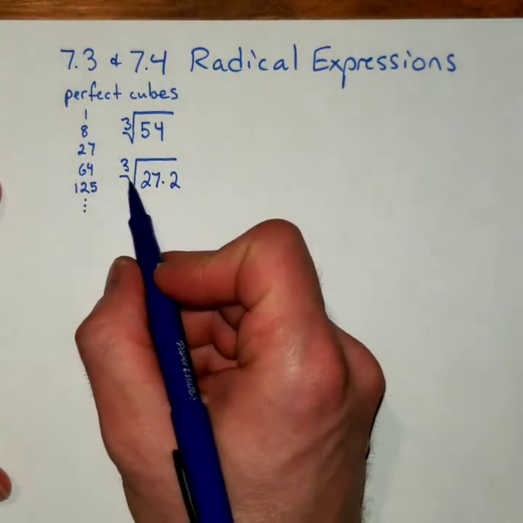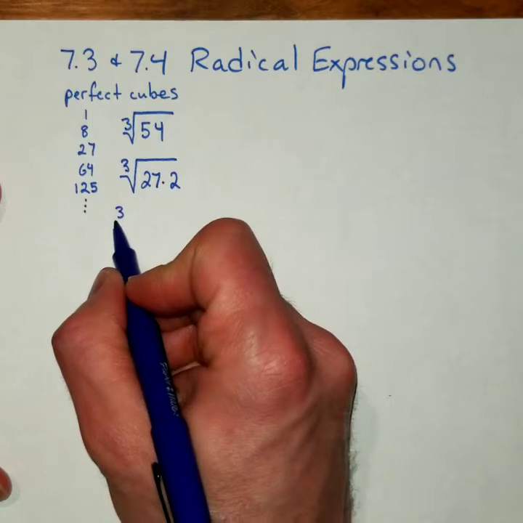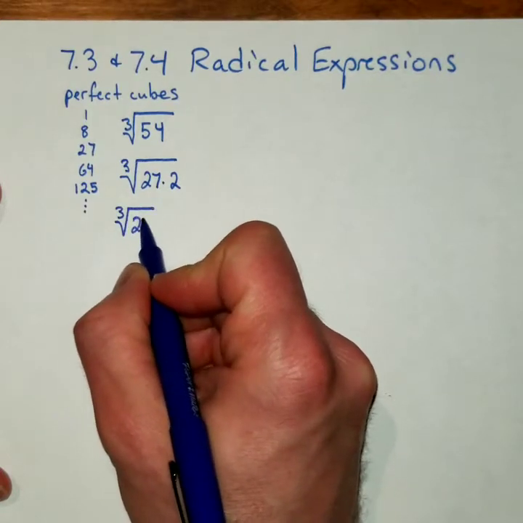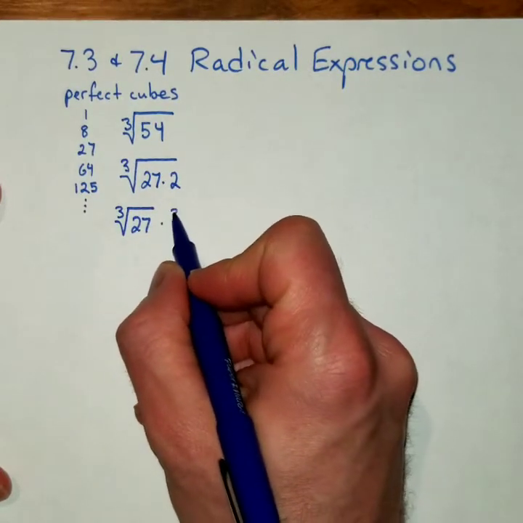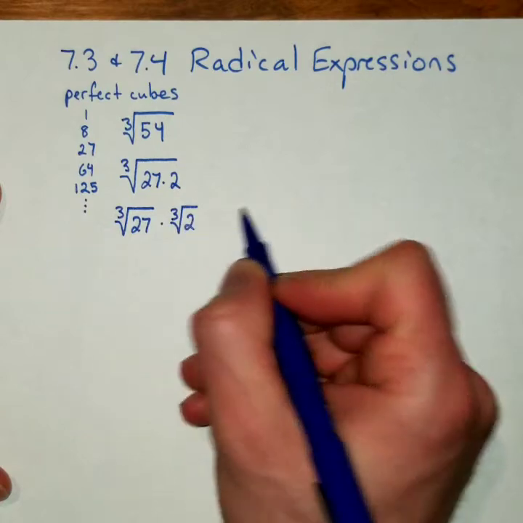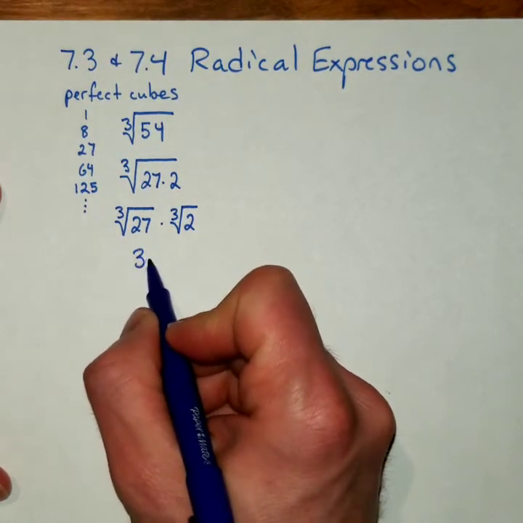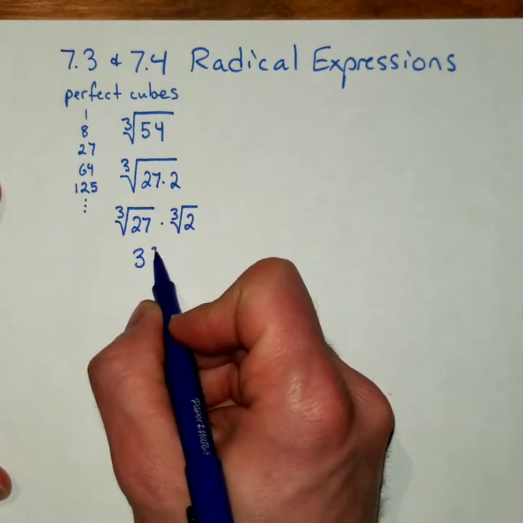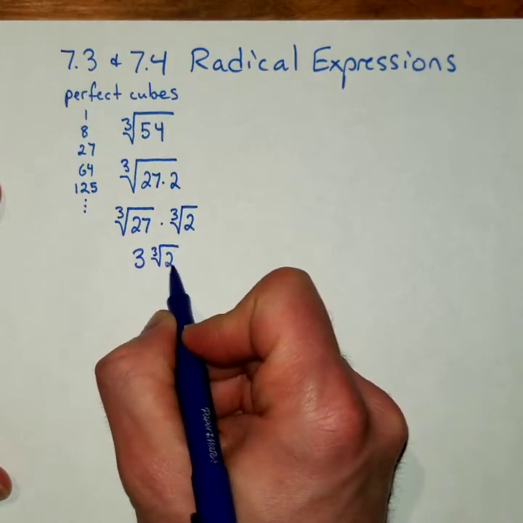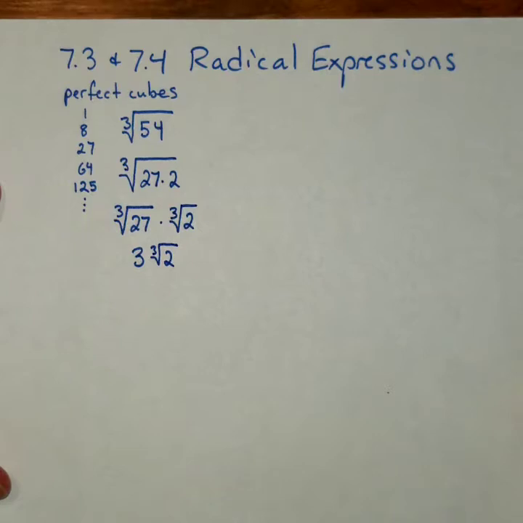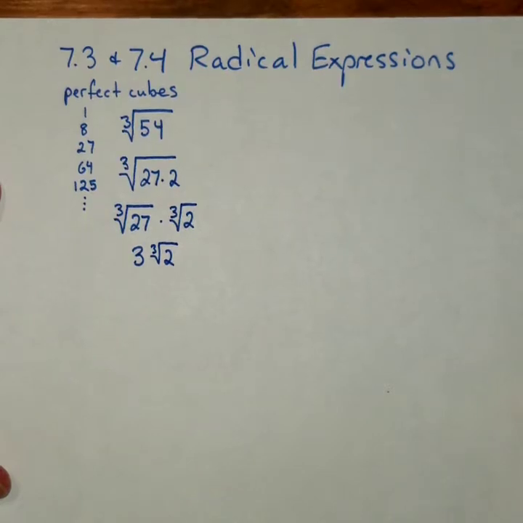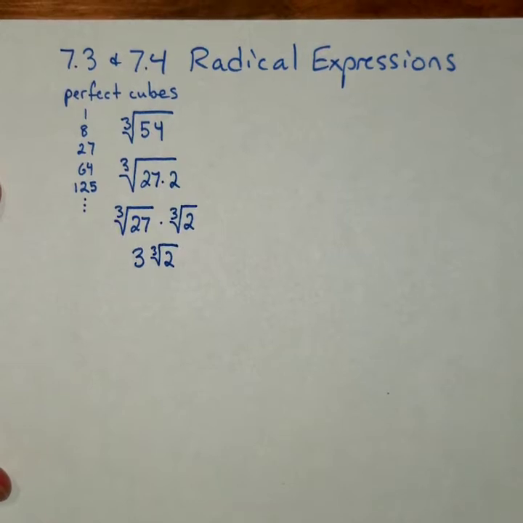And so then you take the cube root of each of those, the cube root of 27 and the cube root of 2. Cube root of 27 is 3. And the cube root of 2 doesn't simplify. And so that would be our final simplified form: 3 times the cube root of 2.